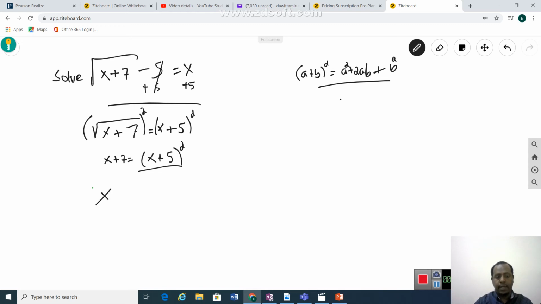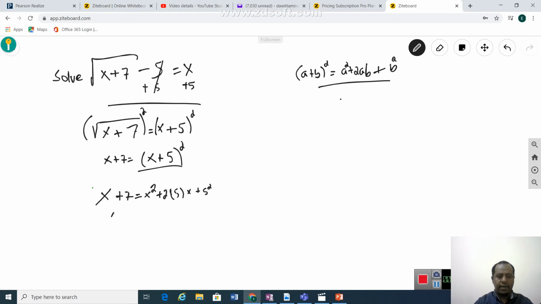So it will be x plus 7 is equal to, our a is x, so it will be x squared plus 2 times 5, 2ab, which is 10x, plus 5 squared.